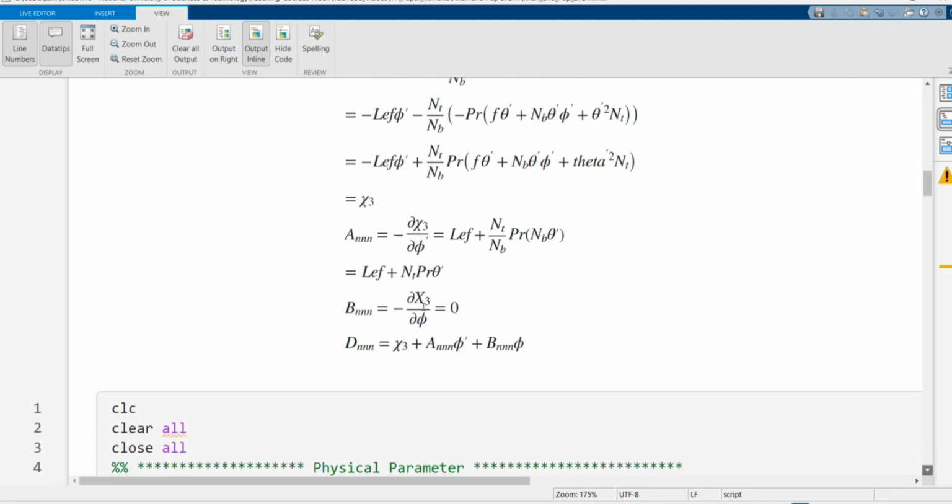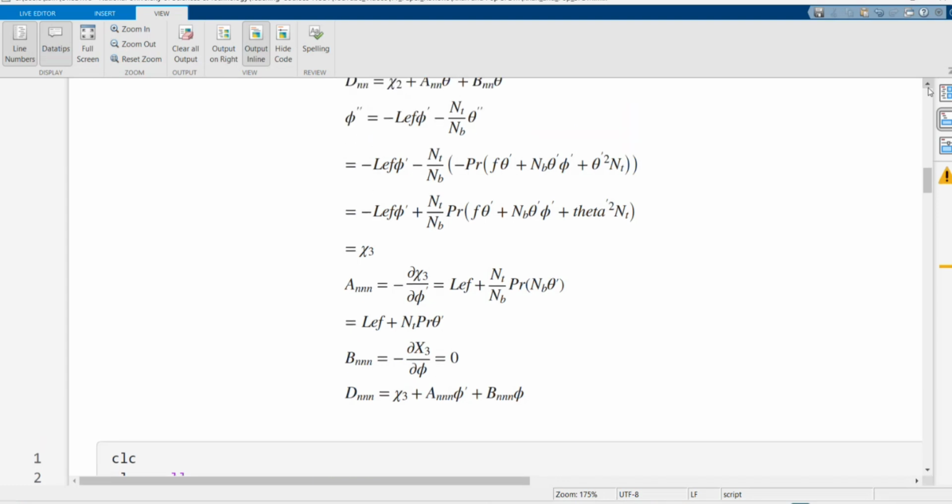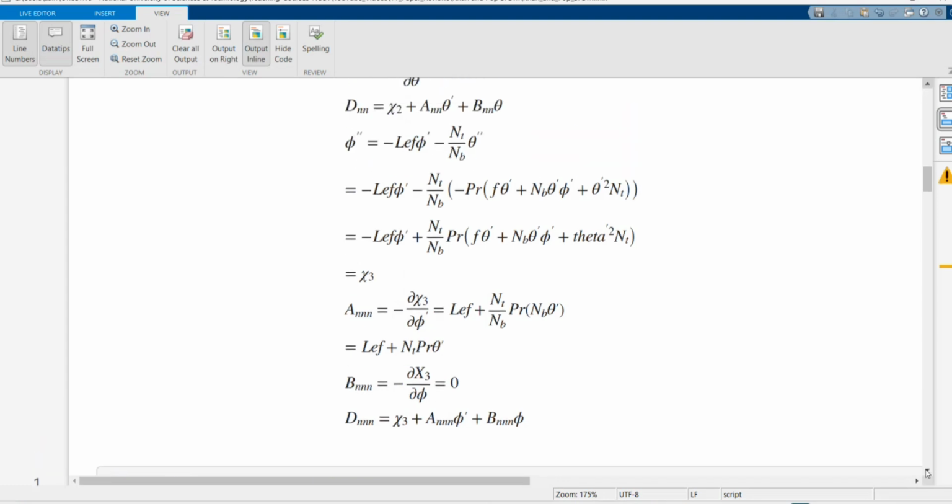Then again, use capital A with triple n and take a derivative of chi3 with respect to phi dash and take a negative sign, then B triple n is equal to 0 and so on. That was all about the theoretical calculation. If you do not understand, try to do it again and again and you will be comfortable with it.